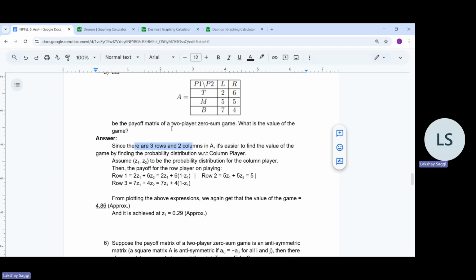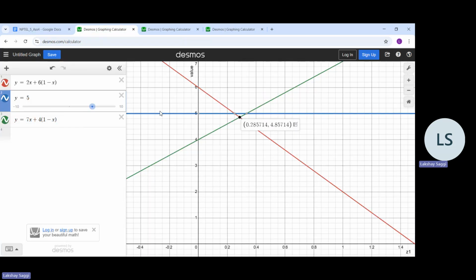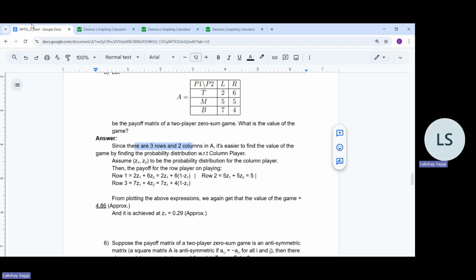Since we are talking about the column player, the value will essentially be the max over the min. So basically the row player will want to minimize, and while minimizing, the row player will choose the lower curve. And now the column player wants to maximize, so he'll choose this kind of a point. Okay. So I think this answer is correct. Maybe the answer I have written up is incorrect. Yeah. So this is the answer for us for this question.